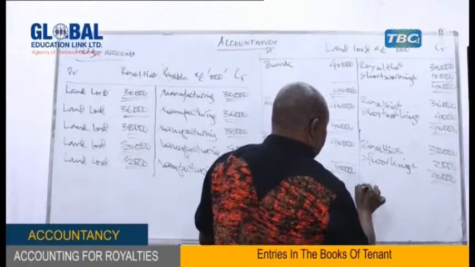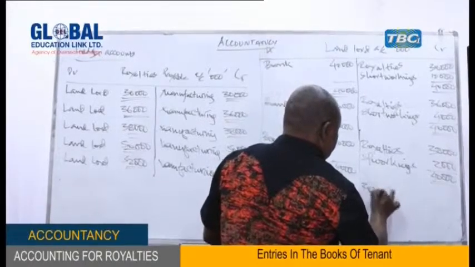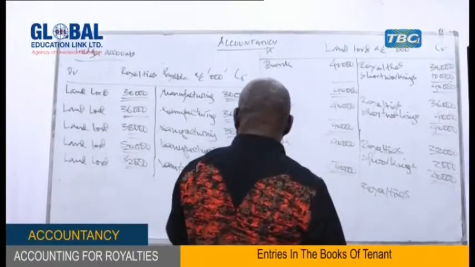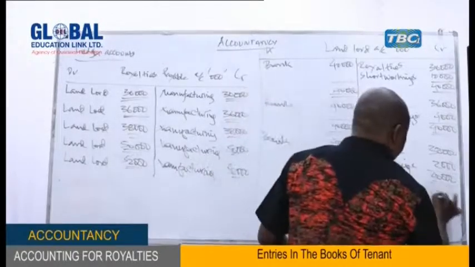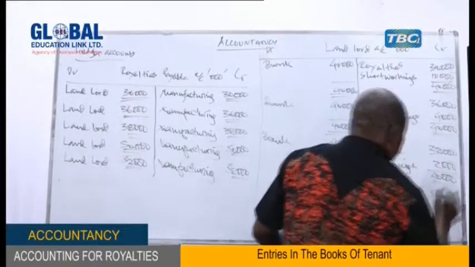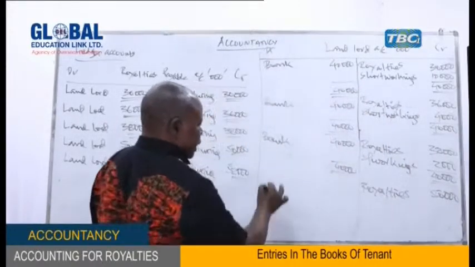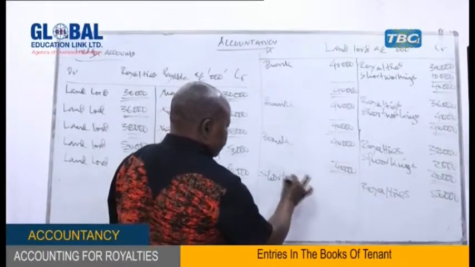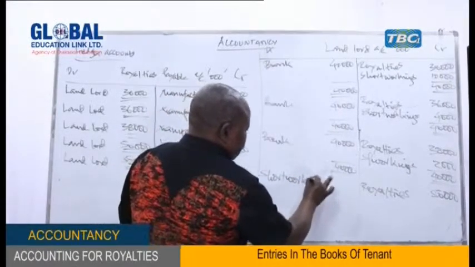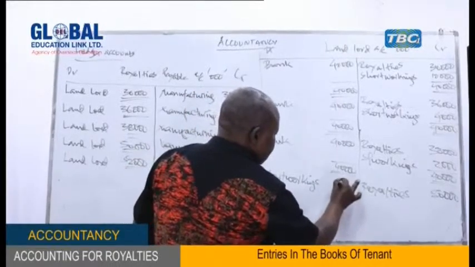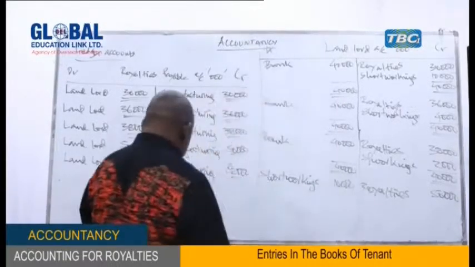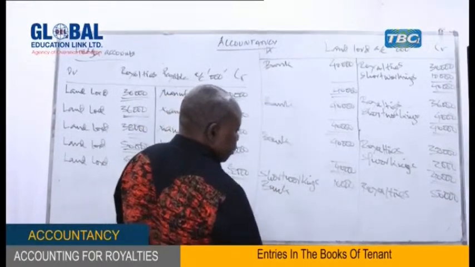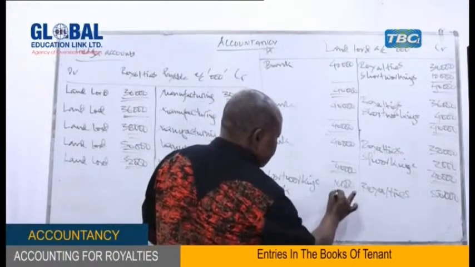Then 2018 royalties actual 50. So here there is a recoup. So short working recoup, that is 10, and the remaining we pay, that is 40.